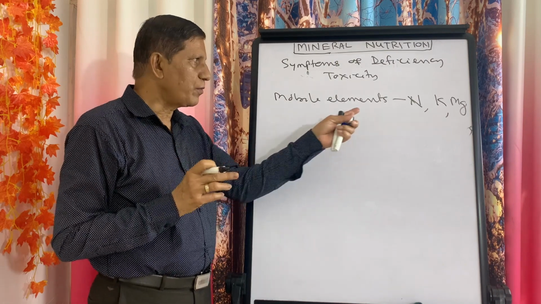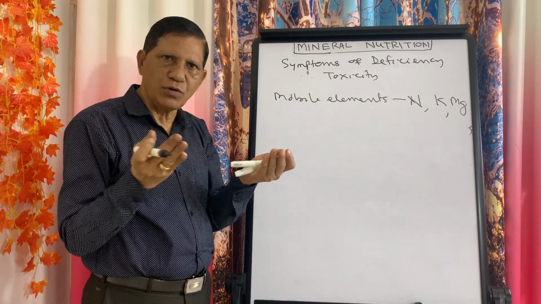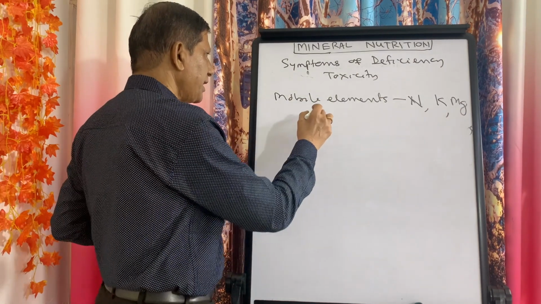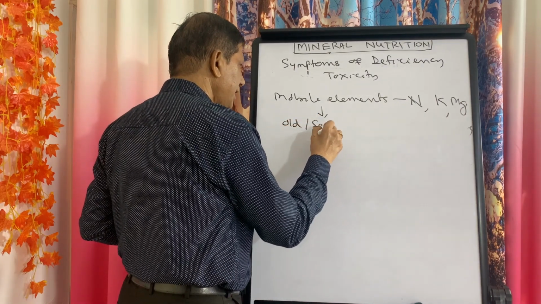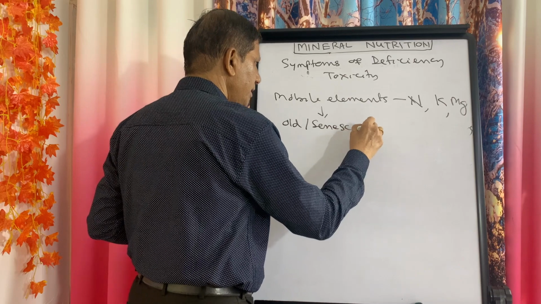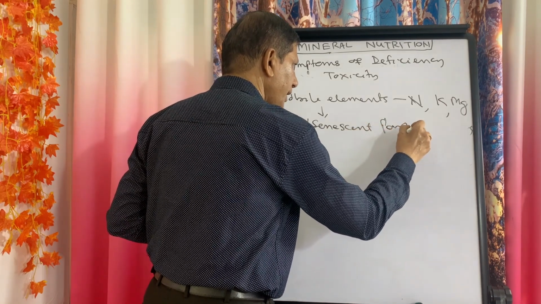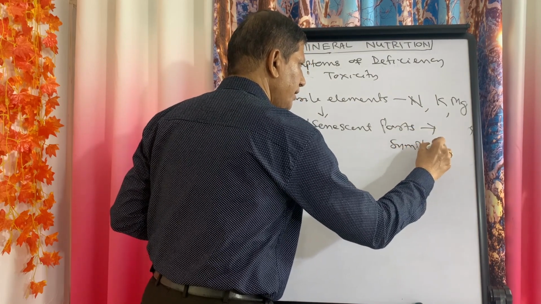But when one of these is deficient, naturally the lower, older, senescent parts will suffer first. So in case of mobile elements, the symptoms will appear first in the old and senescent parts.